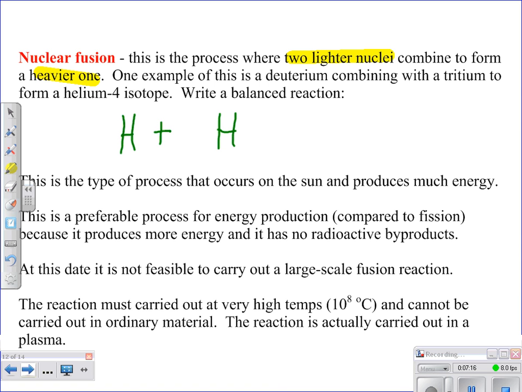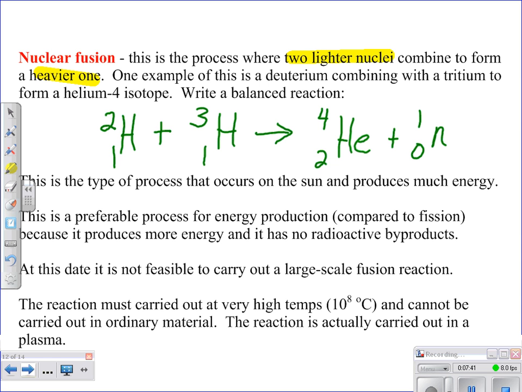So if it's hydrogen, it has an atomic number of 1, but we have hydrogen-2 and hydrogen-3, also known as deuterium and tritium. And when those are combined, we get, this should look familiar, an alpha particle. You get helium plus a neutron that's emitted.